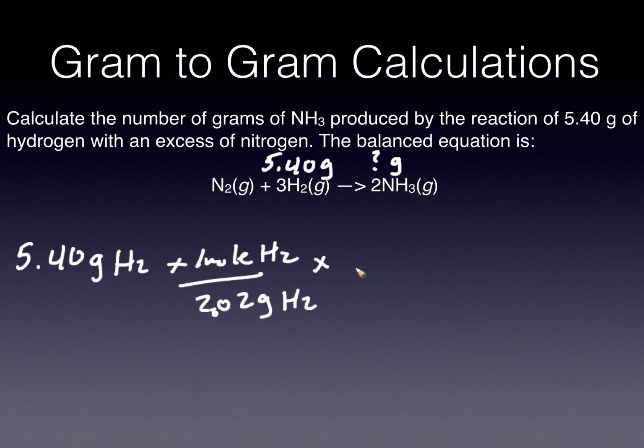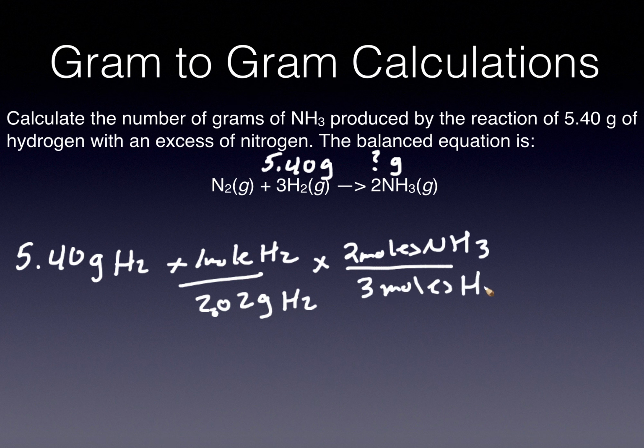Now, we're at our easy pass station. We want to go over our bridge. So we have 2 moles NH3 all over 3 moles of H2. Now, since it's a gram to gram problem, our last step is to go to grams of NH3. So we have 17.04 grams of NH3 all over 1 mole of NH3.